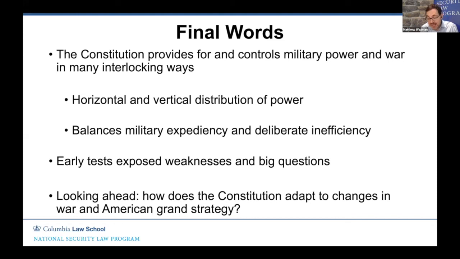And again, I think that's partly because these gaps and ambiguities were strategic or intentional. In some cases, they were intentional because the founders just wanted to let practice sort out some of these questions.